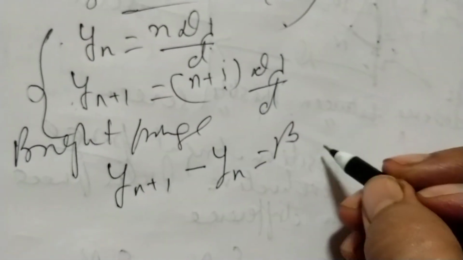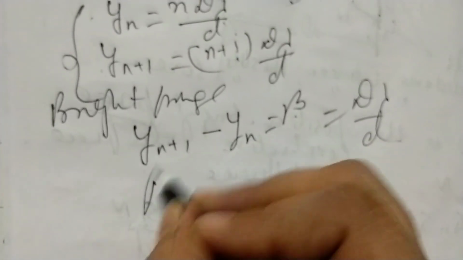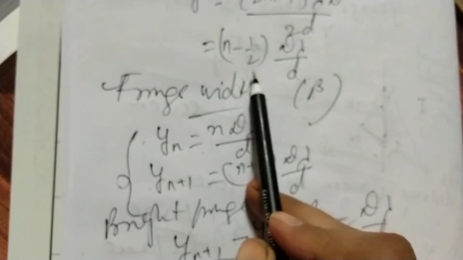If you subtract these two equations, you get D lambda by small d. So the fringe width beta is equal to D lambda by small d. This is the equation we have derived. If you find it for the dark fringe also, you will get the same formula.